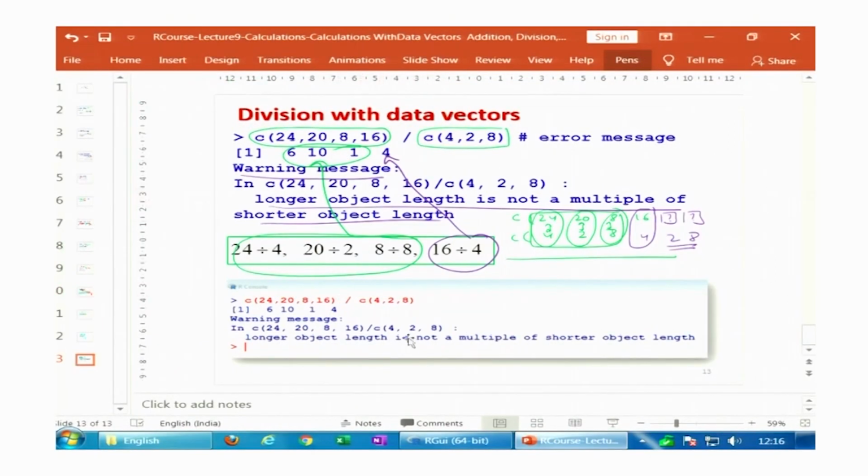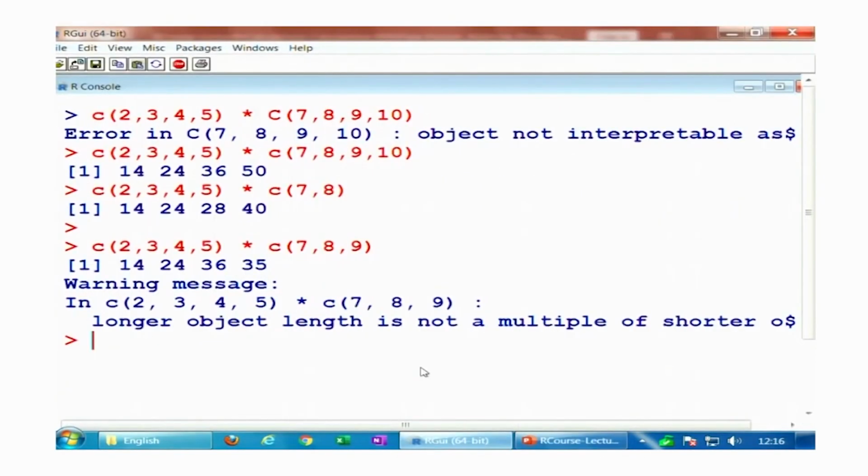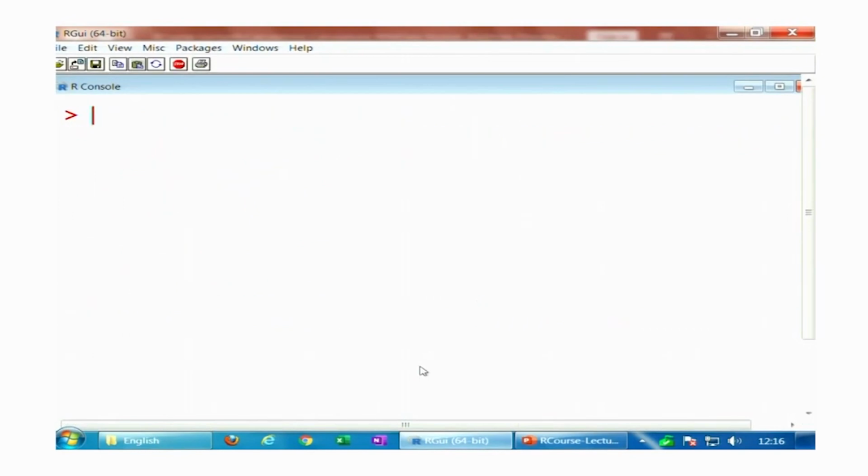So, let me try to show you these operations on the R console, so that you can understand them very easily. If I take two data vectors, suppose 4, 8, then 12 and then 16, and I try to divide them by the data vector 2 and then 8 and then 4 and then 8.